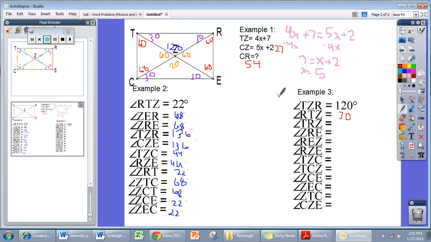TRZ is 30. ZRE is 60. REZ is 60. RZE is also 60.